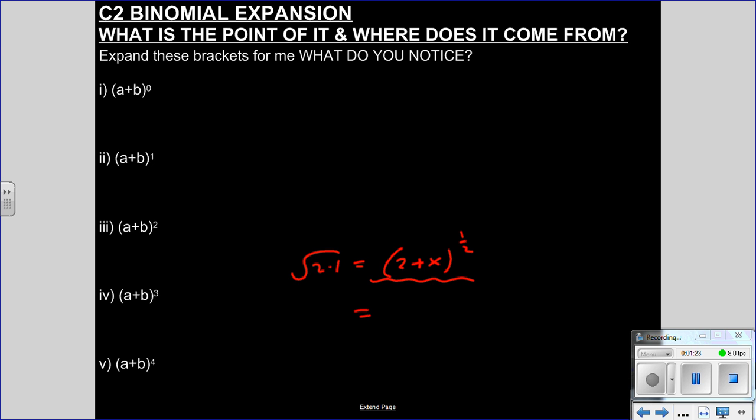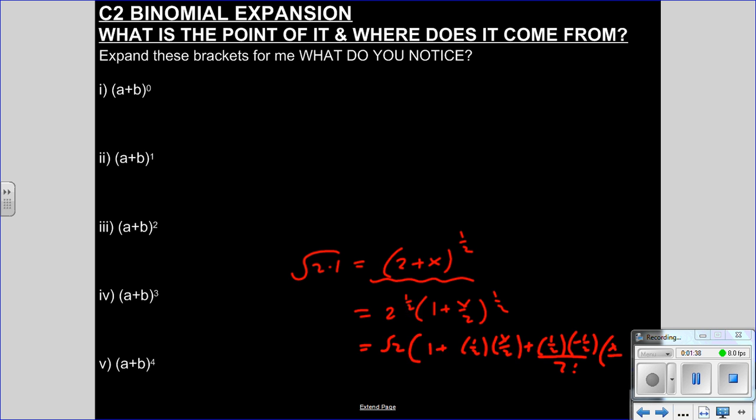So it would look like 2 to the half, 1 plus x over 2 to the half. So it would be root 2, 1 plus, and it would look like this, etc. And if you put in x equals 0.1, can you see 2 plus 0.1 gives you 2.1, will give you an approximation for that curve.